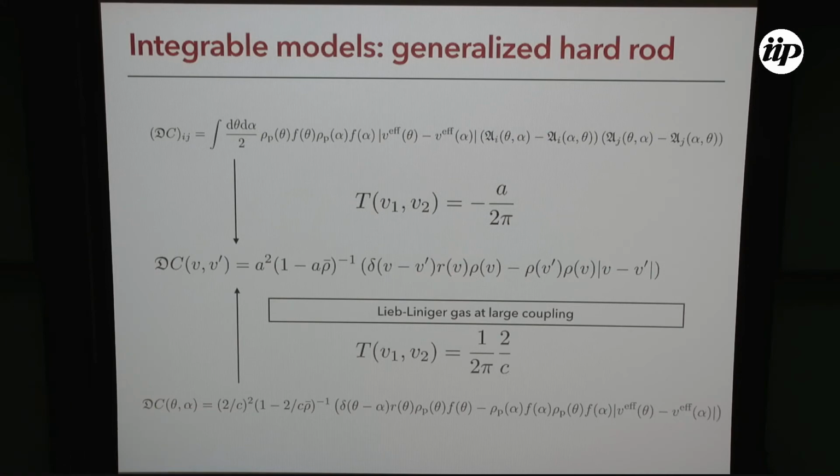So the Lieb-Liniger model at large coupling is completely equivalent to a model of hard rod gas, also from the point of view of how particles diffuse. So this quantum model shows you, and this is actually again a Markov operator. So even for the full quantum model, this diffusion operator is a Markov operator.